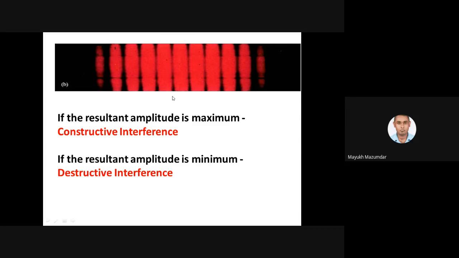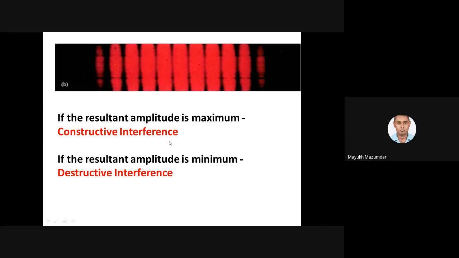This picture has a very poor contrast, so I'll try to show a good picture. The regions you see between two bright bands, the intensity of light is minimum. How can we say it is minimum? If you compare with the brightness, you can see these are areas of darkness. So where the intensity is minimum, by the same analogy, the amplitude is also minimum.